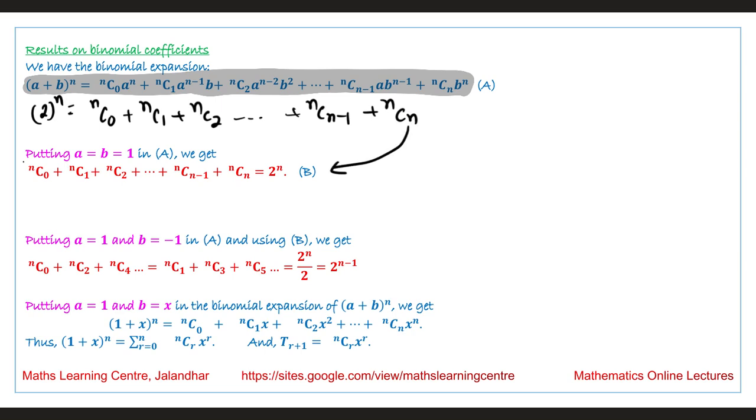So this is our first result, that the sum of all these binomial coefficients is equal to 2^n. This kind of result we have also used in our chapter when we were counting the number of subsets.